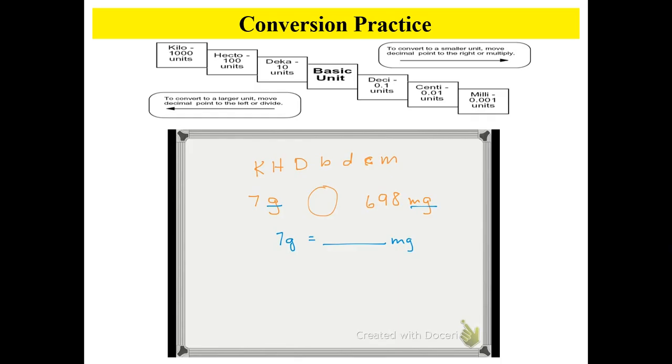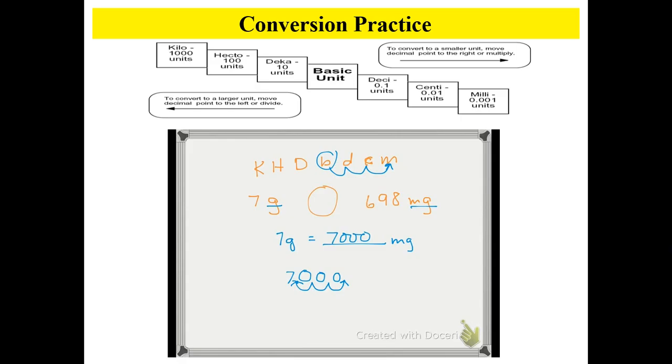I do that the same way we've been learning. 7, decimal point goes on the right. I need to go from grams, which is the base unit, to milligrams. 1, 2, 3 spots to the right. Put zeros in the hole. And if you remember that this decimal point is gone, that equals 7,000 milligrams.